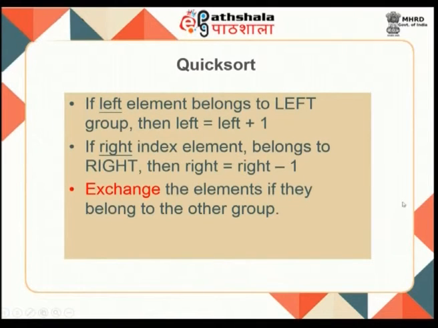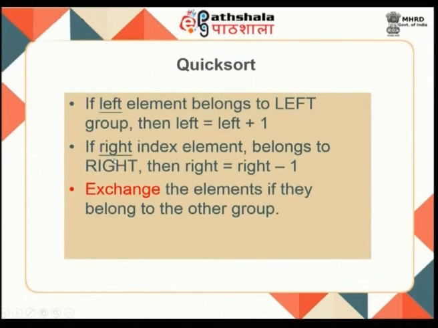How is the exchange taking place? It is something like this. If the left element, that is the element pointed by the left pointer, actually belongs to the left group, that means the element is lesser than the pivot element, then the left pointer is incremented, that is left becomes left plus 1.